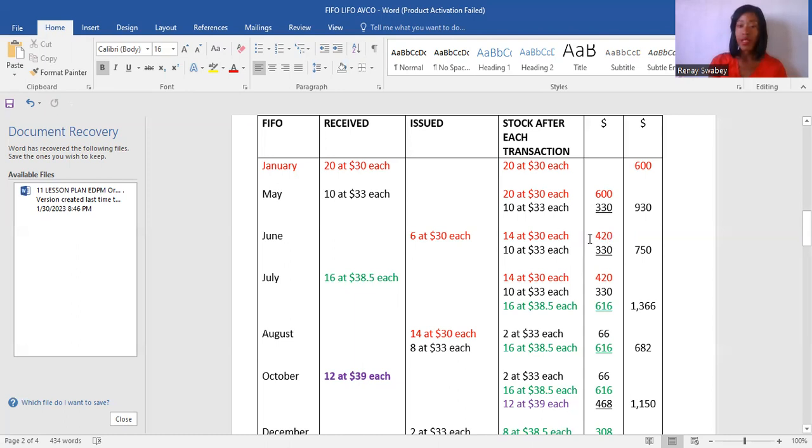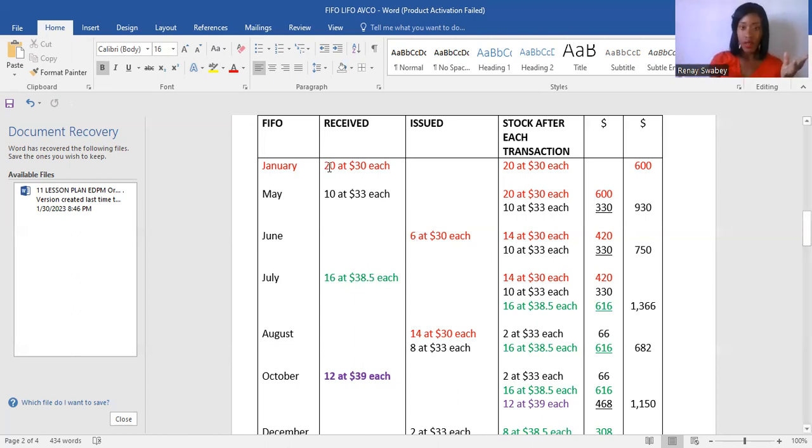$420. But before you do the calculations to find out how much stock is left after the month of June, you will now have to do stock taking or stock valuation. This means that 20 minus 6. When you check up your stock, you say, oh, we bought 20 cases of this from Sashanique. Selena will now say 20 minus 6.